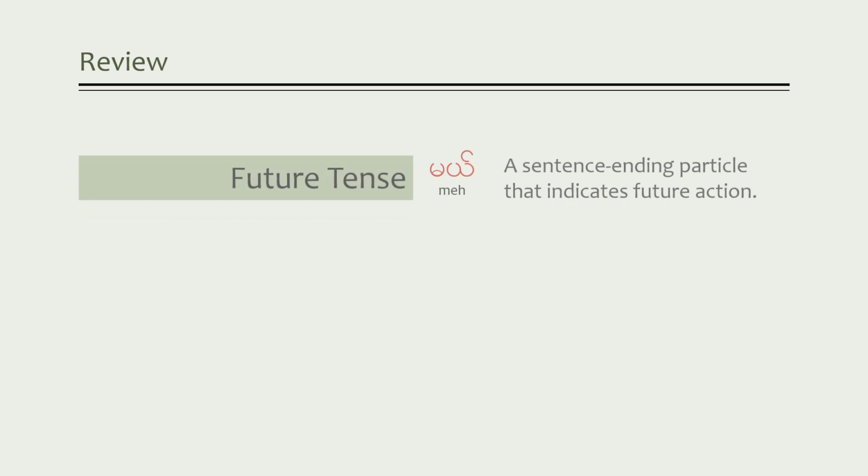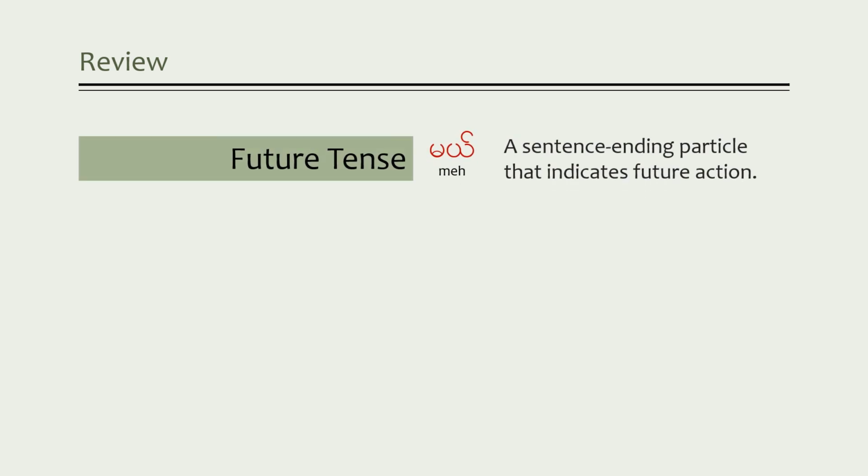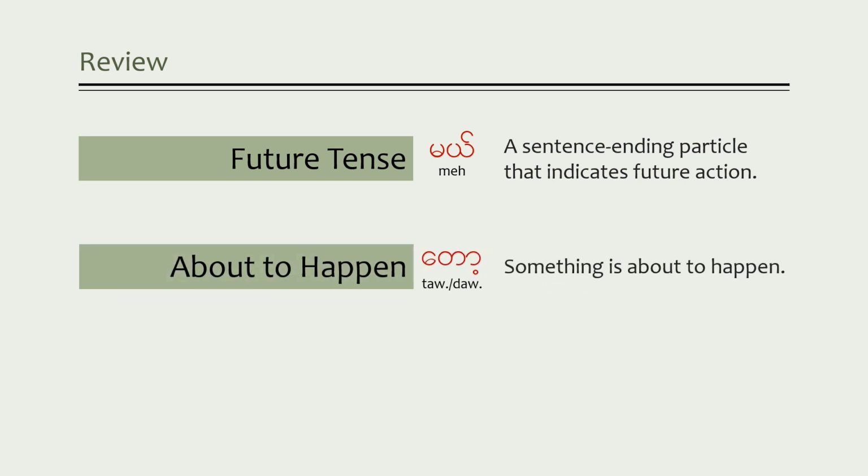In review then, the most important thing to remember in this lesson is that the final particle, me, indicates that you're going to do something or something is going to happen in the future. Now, if something is about to happen or you're about to do something in the near future immediately, you can add this particle, do or do, but it has to be combined with that final particle, me.